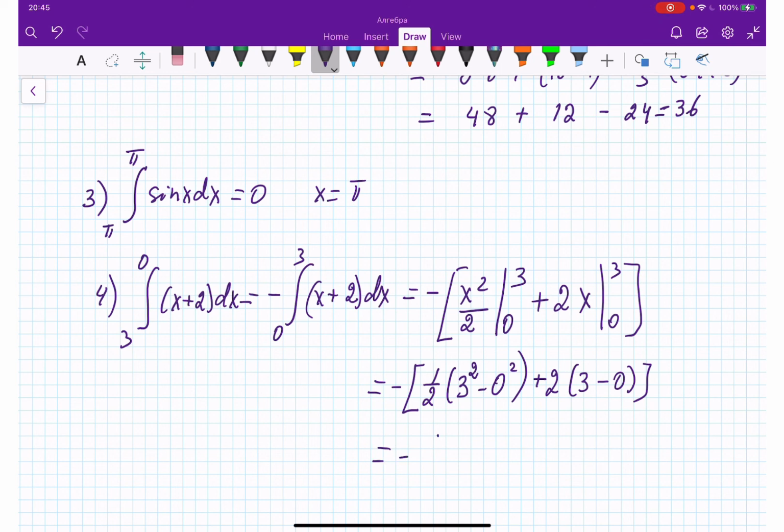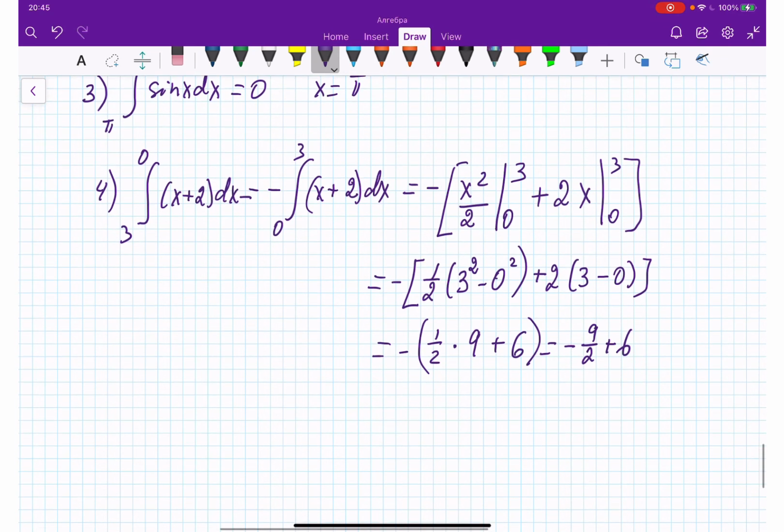Negative 1/2 times 9, and then plus 2 times 3 is 6. So we get negative 9 over 2 plus 6. So 9 over 2 is how much? 4 and, oops, in parentheses, see, I almost forgot. It's going to be negative 4 and 1/2 plus 6. So it's going to be negative 10 and 1/2.